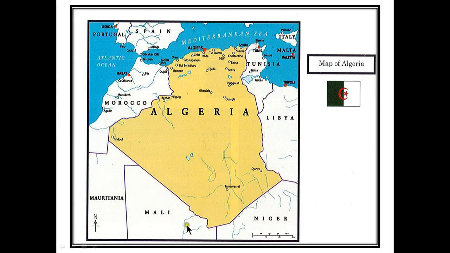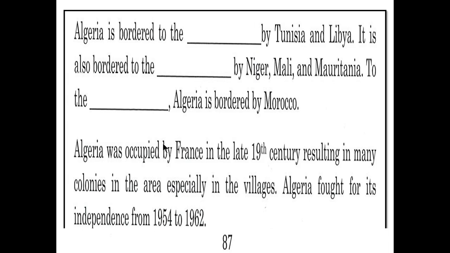These are all surrounded by Algeria. Now let's talk about it: Algeria is bordered to the east by Tunisia and Libya. It is also bordered to the south by Niger, Mali and Mauritania. To the west, Algeria is bordered by Morocco.